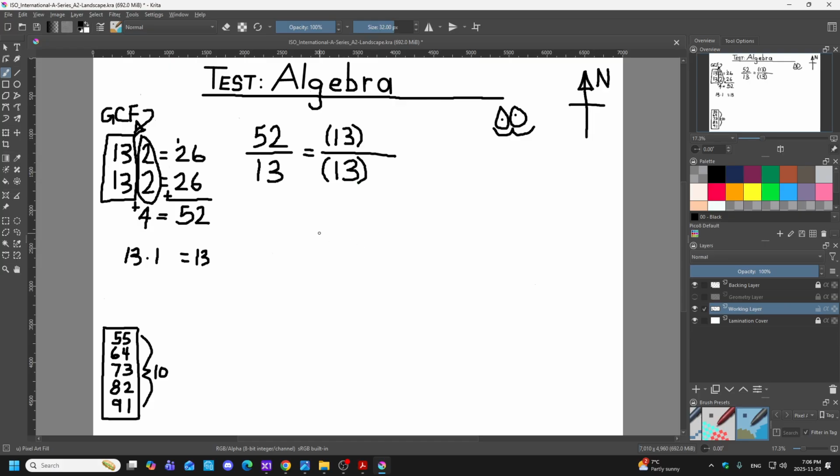The reason we do this is so that we can divide the numerator by the denominator and get a number equal to 1. That's our goal.